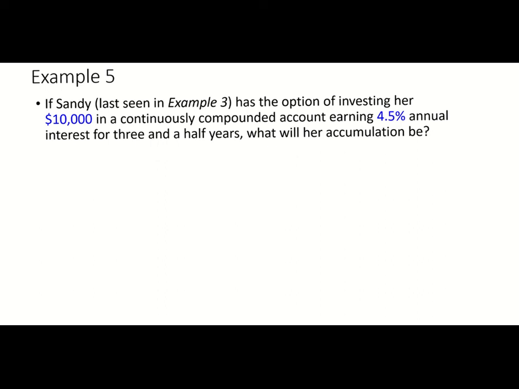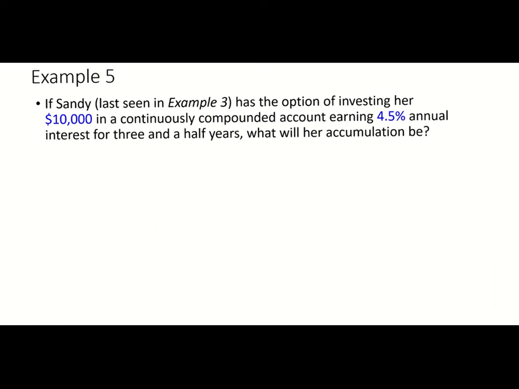Okay, so now we're back to Sandy, and this time Sandy has the option of investing $10,000 into a continuously compounded account, earning 4.5% annual interest for 3.5 years. So we want to know what her accumulation will be.